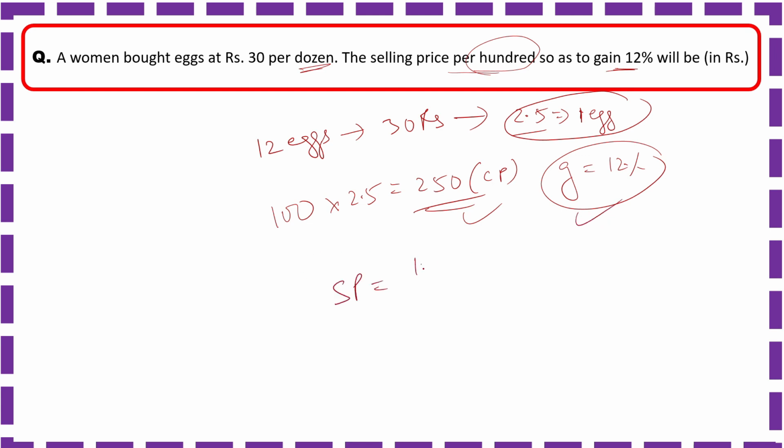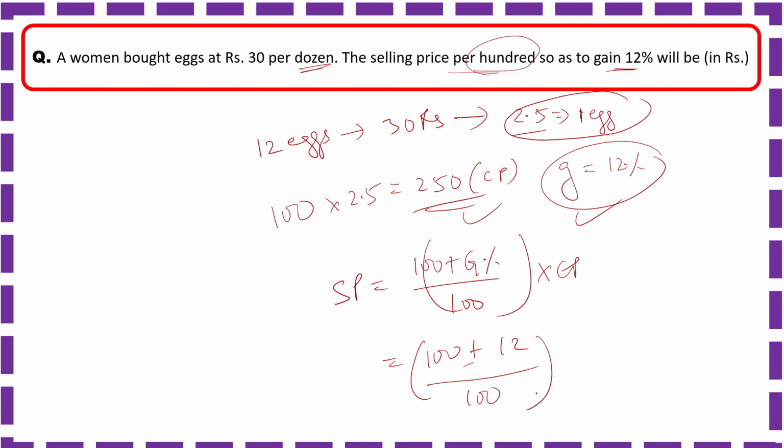We know selling price is 100 plus gain percent by 100, so we have 100 plus 12 by 100 into the cost price, which is 250. Just solve it. We will get the selling price as 280 rupees. So the selling price per 100 eggs must be 280 in order to gain 12% profit.